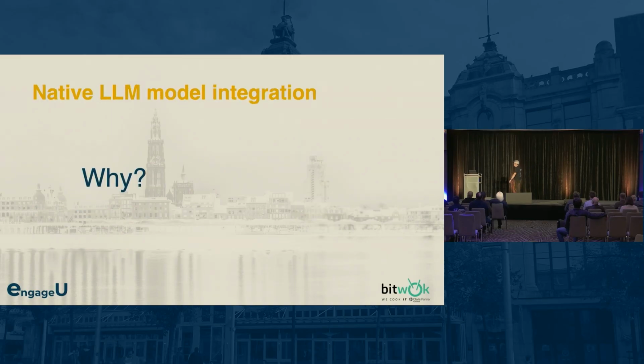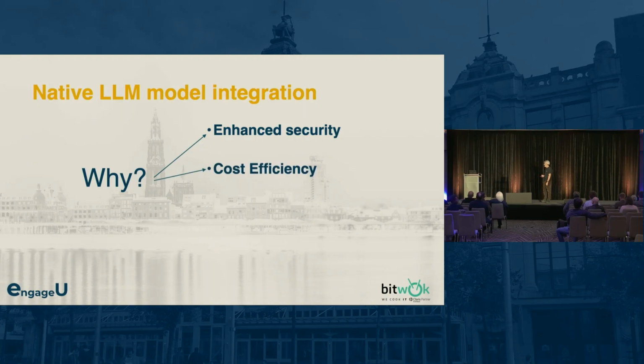So let's start with the native LLM model integration. Why do we have to integrate LLMs? First of all, the most important point for me is enhanced security, because you have your model local, so you don't have to share your model with others, and you can secure it much better. The second is cost efficiency. Even if we think AI models are cheap when you put them outside, they are expensive.